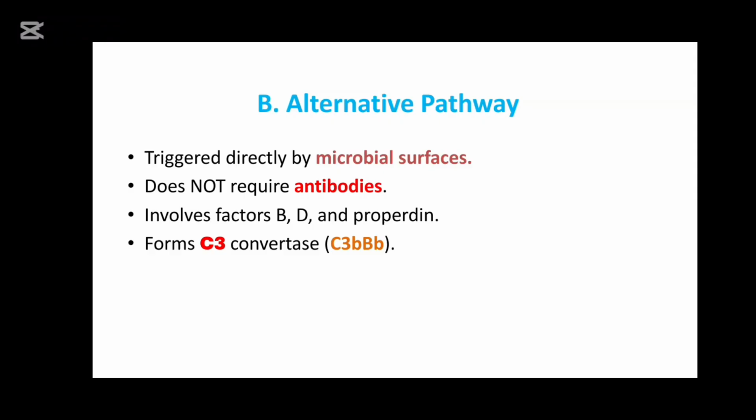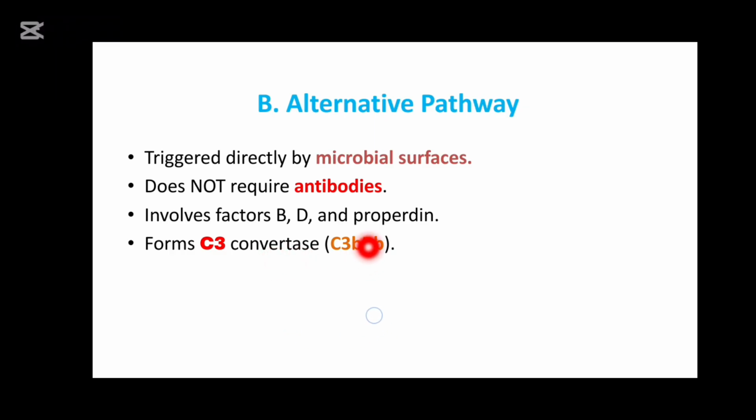All these factors are going to be facilitated by C3b, and they are going to form what we call C3 convertase. However, this one is different because it involves C3b. Once C3b combines with these factors, it is going to form C3 convertase.